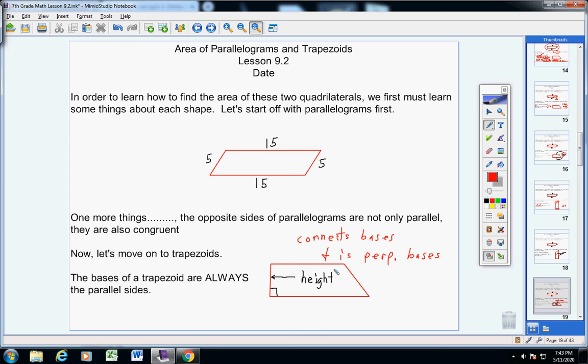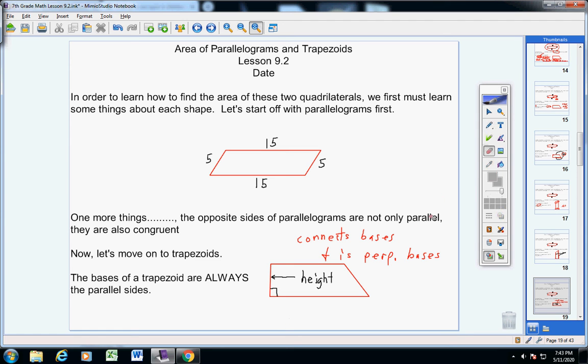Now, when I say connects, there could be some exceptions where, remember, sometimes we'll draw the height of a triangle on the outside of a triangle like that. Well, that could happen with the trapezoid where the height is drawn outside of the trapezoid. But for now, I'm just telling you the height connects the bases and is perpendicular.